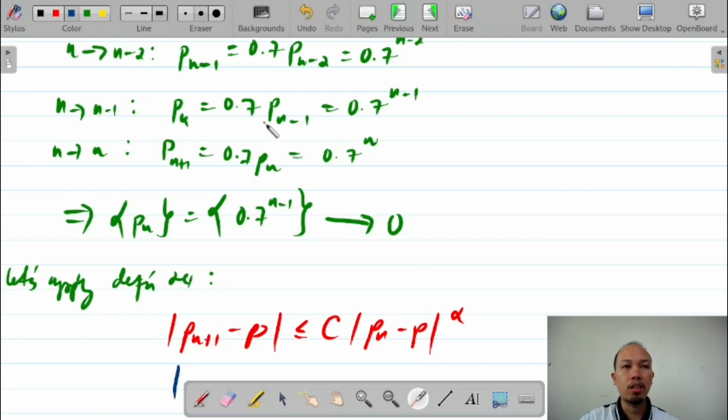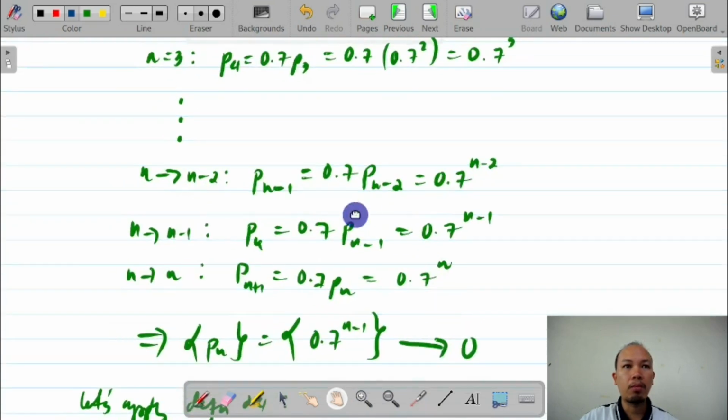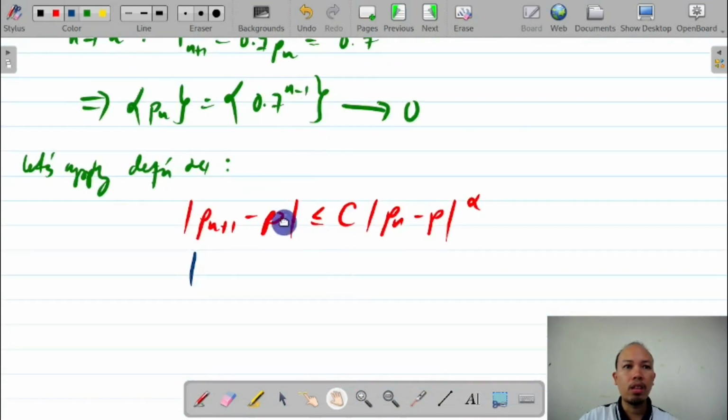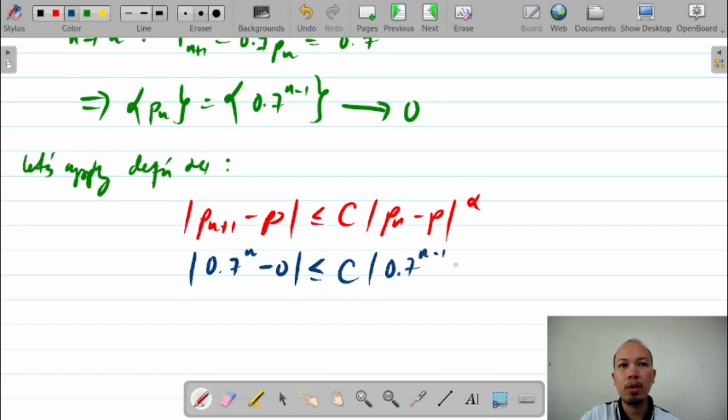This method here is not always applicable, but there are some cases where you can use it to explicitly express the sequence p sub n plus 1 as a function of n. Let's substitute: this is 0.7 to the n minus 0 less than or equal to c times 0.7 to the n minus 1 minus 0 raised to the power of alpha.